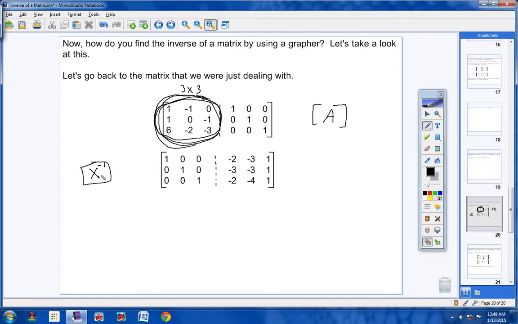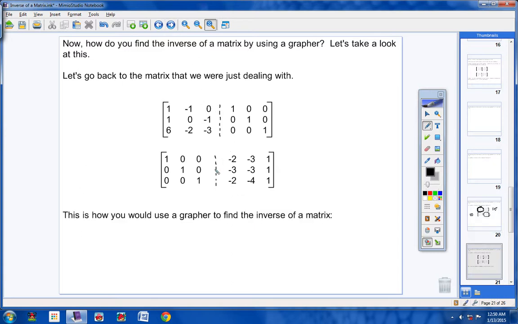Hit that button next, and this will pop up. And then hit enter. And when you do, this matrix should pop up on your screen. Now that's really fast, and it's really beneficial to know how to use, okay? Alright, so that is how you would use a grapher to find the inverse of a matrix. Alright, continuing on.